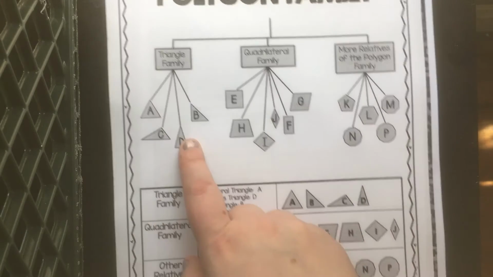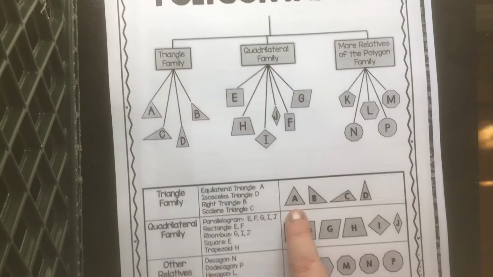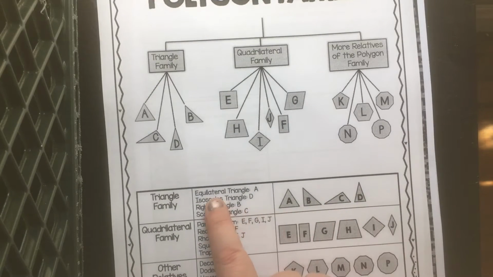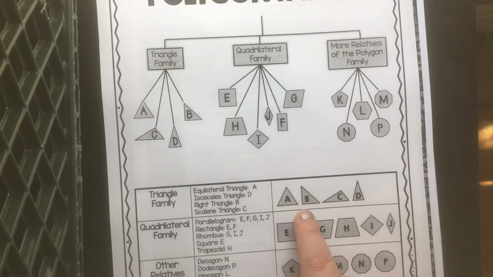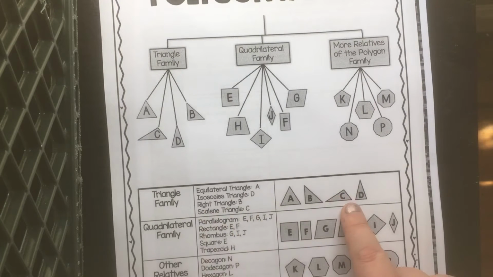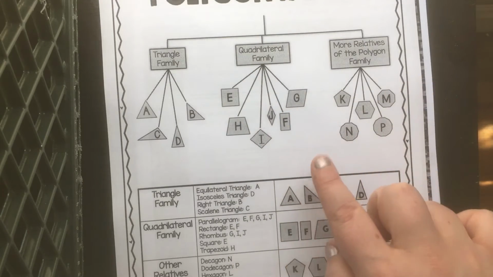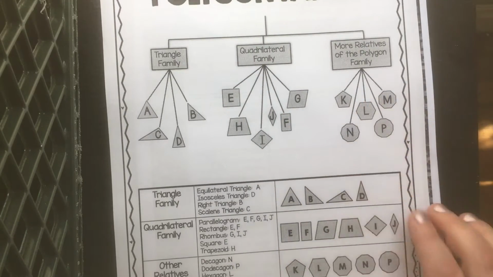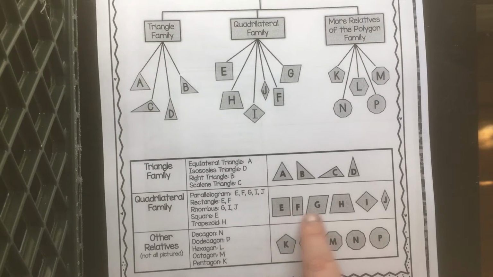The triangle family, you'll see here, is also listed here as A, the equilateral triangle, B is the right triangle, C, the scalene triangle, and D, the isosceles triangle. All right, we're going to be working with the quadrilaterals a lot today, and some more relatives.